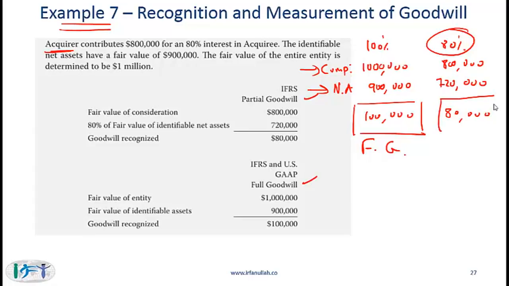The difference is 80,000. So this would be the partial goodwill. And again, I've said this several times, but I will repeat. This is one of the major differences between IFRS and US GAAP. IFRS says that both methods can be used. US GAAP says that the full goodwill method should be used.